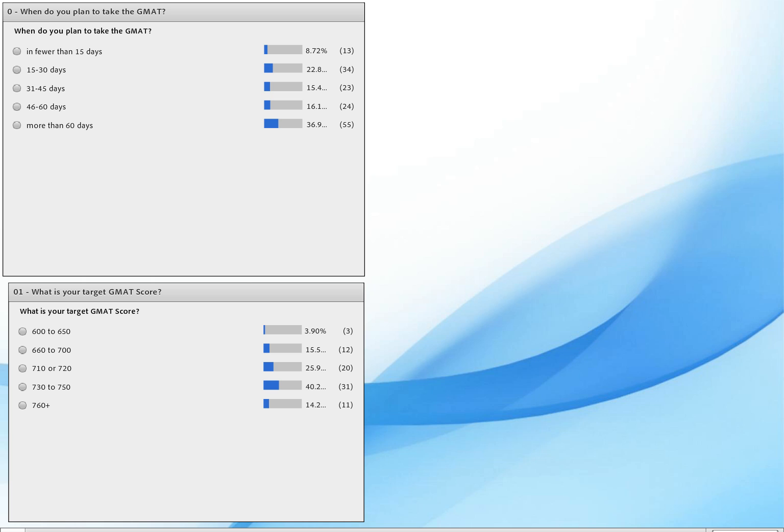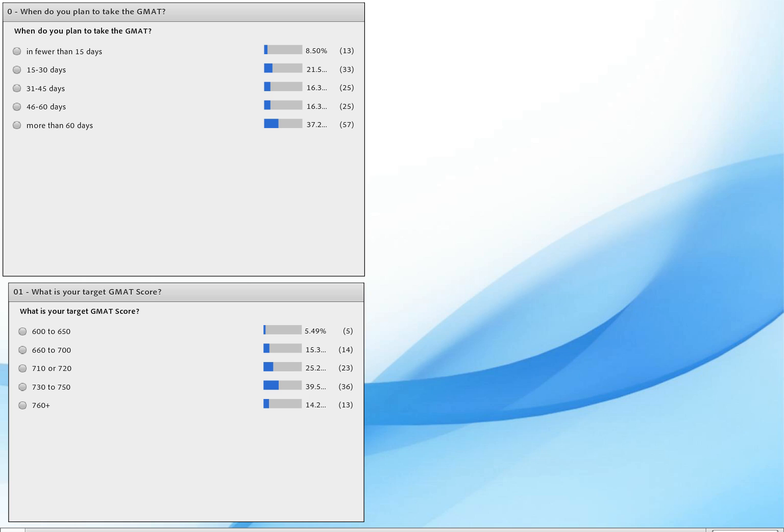With regards to the first question, what I really see is about 50% of the class over here has more than 45 days before the test, which is a significant amount of time. And more than 37% now, which is the biggest group here, has more than 60 days.